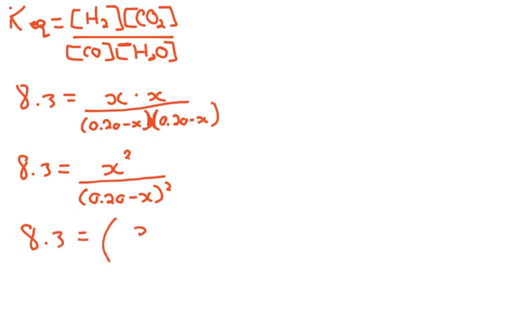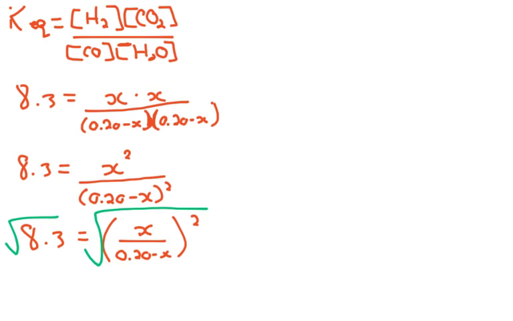We can actually just write that as the whole fraction squared, like so. At this point on the right, we have one bracket that's squared, so we can easily get rid of the square by taking the square root of both sides. Cancels off the squared. Taking the square root of 8.3, we would get 2.88, and that would equal x over 0.20 minus x.